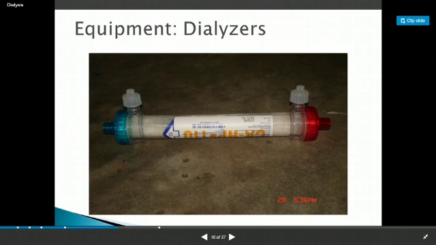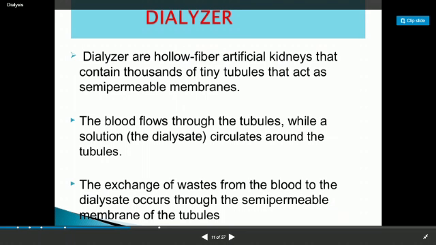Here you're watching the main equipment for the hemodialysis process, known as the dialyzer. In this dialyzer, which acts as an artificial kidney, a fluid known as the dialysate is used. Dialyzers are hollow fiber artificial kidneys that contain thousands of tiny tubules that act as a semi-permeable membrane. The blood flows through the tubules while a solution called the dialysate circulates around the tubules.